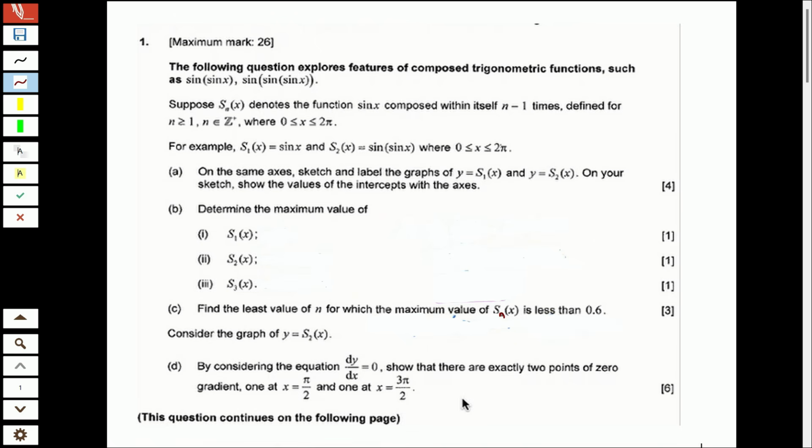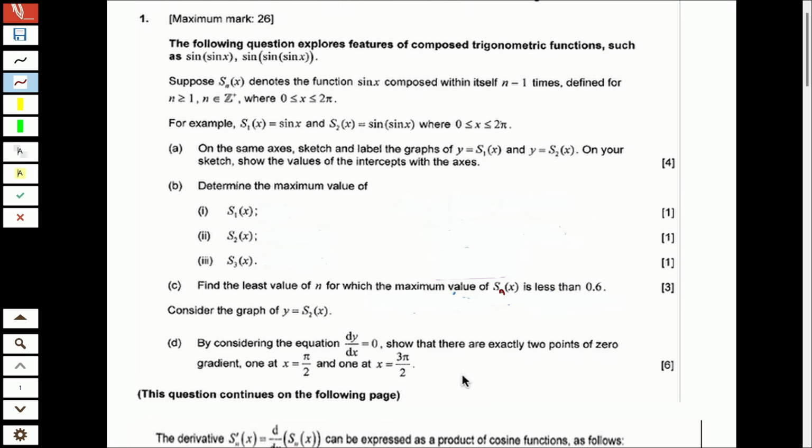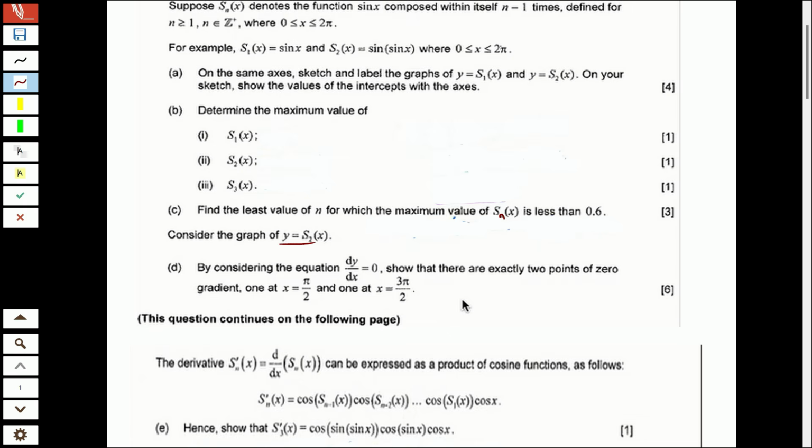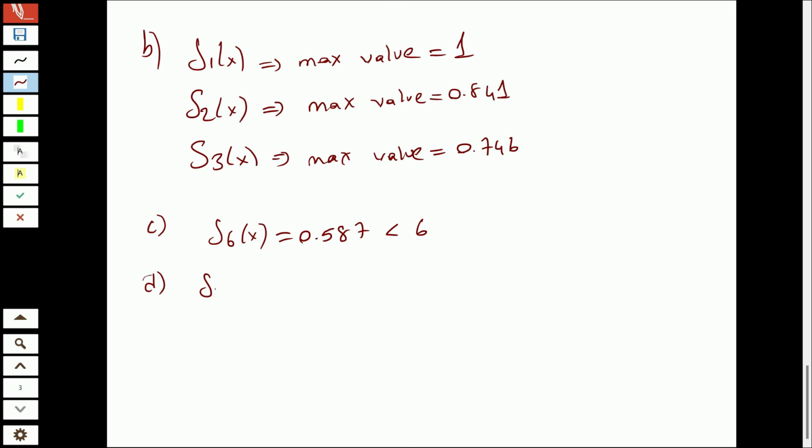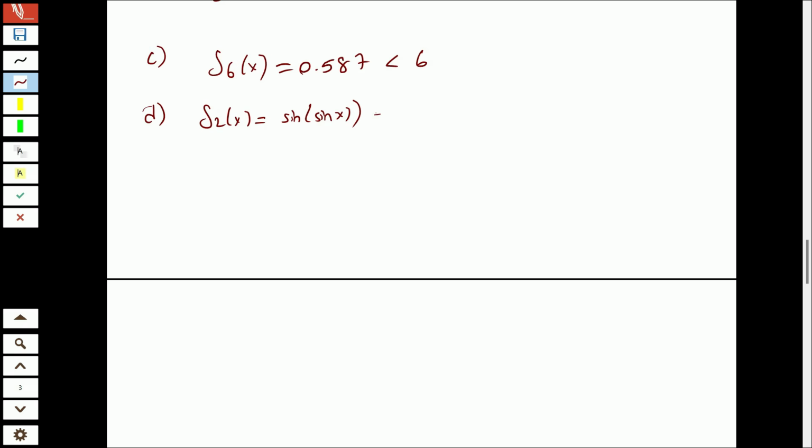The next question: by considering the equation dy/dx equals 0, show that there are exactly 2 points of 0 gradient, at x equals pi over 2 and 3 pi over 2. So we're going to find the derivative of this function. S_2 equals sin(sin x), let's call it y.